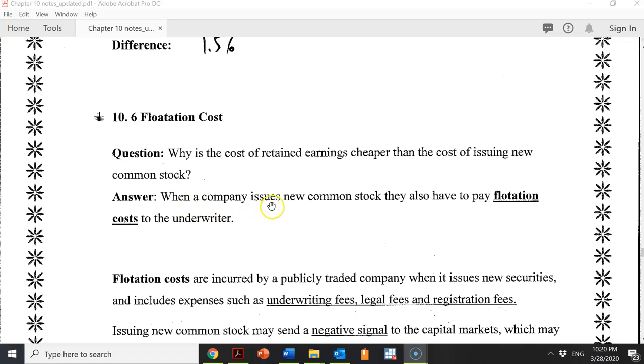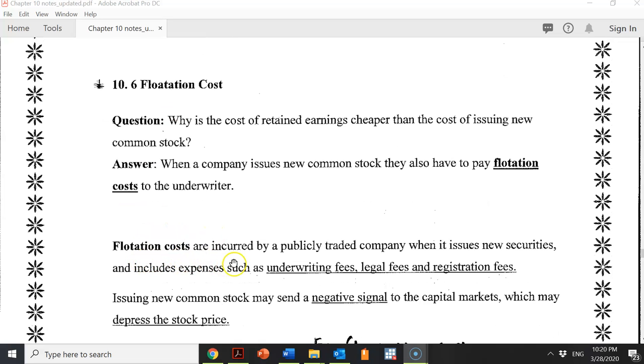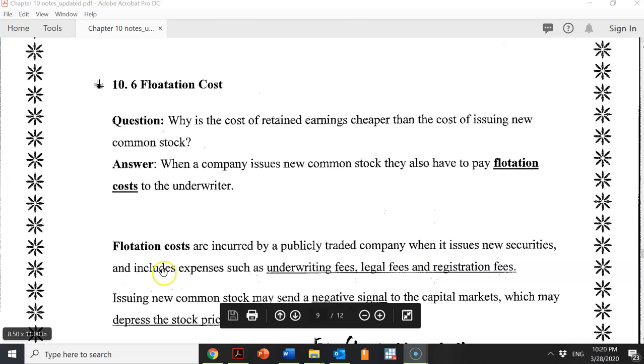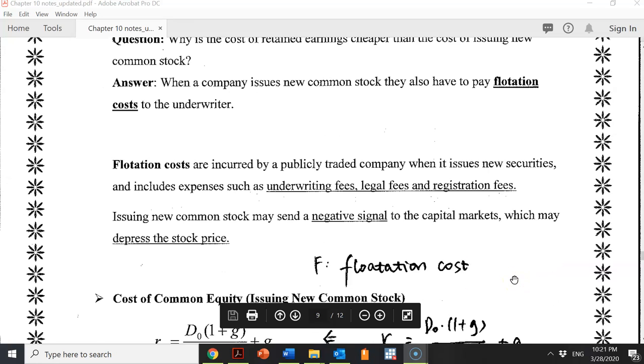When a company issues new common stock, they also have this additional flotation cost to the underwriter. Flotation costs are incurred by a publicly traded company when it issues new securities and include expenses such as underwriting fees, legal fees, and registration fees.